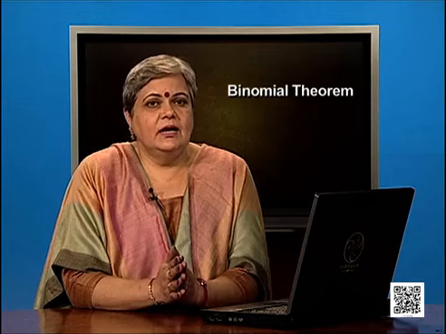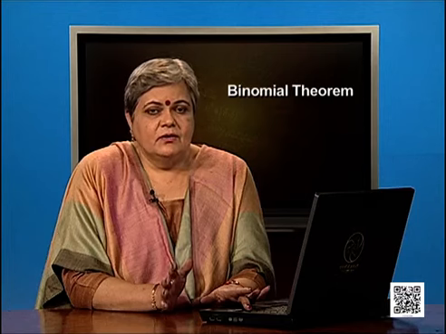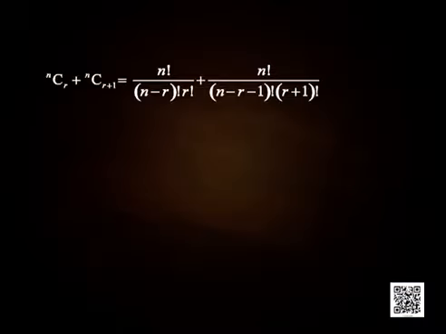Let us start with our left hand side, that is NCr plus NCr plus 1. If I expand it in terms of factorials, I get n factorial by n minus r factorial into r factorial plus n factorial upon n minus r minus 1 factorial into r plus 1 factorial. Now, to simplify this, we can always take out some common factors. So, let us try to rewrite this.